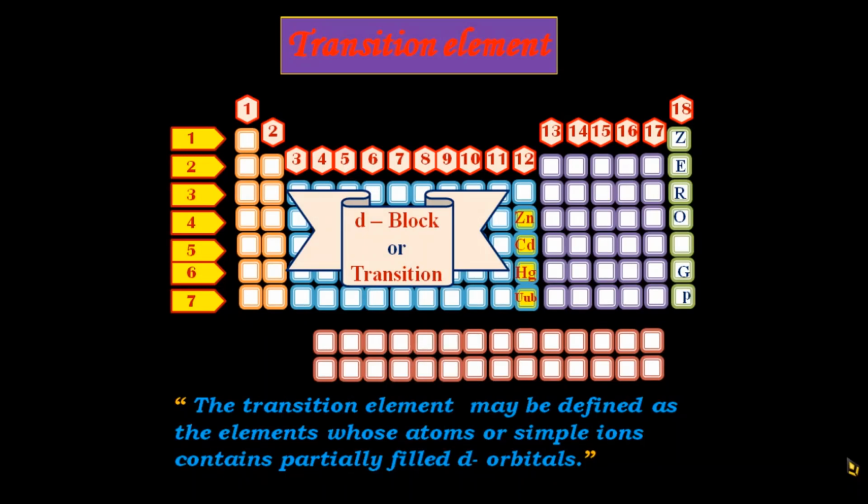However, being the end members of these three transition series, they are studied along with other D block elements. Means these are not the real transition elements, zinc, Cd, and Hg along with the nonbm, that is the UUB. But as they are present at the end of each series, they are studied along with the elements belonging to the transition series.